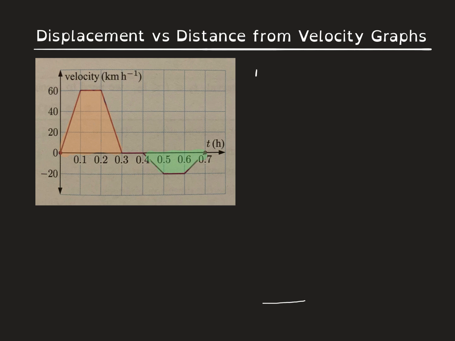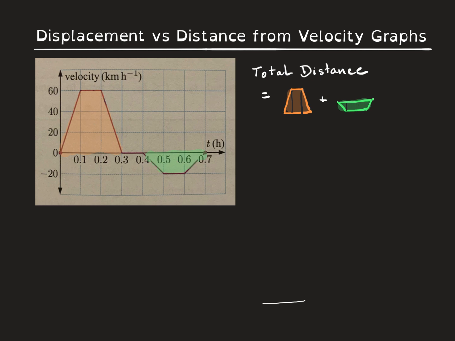So if we are asked to find the total distance, we would need to add the orange area and the green area together. And we can do that by calculating the area of each section, dividing them into three: the triangle, the rectangle, and the triangle again.